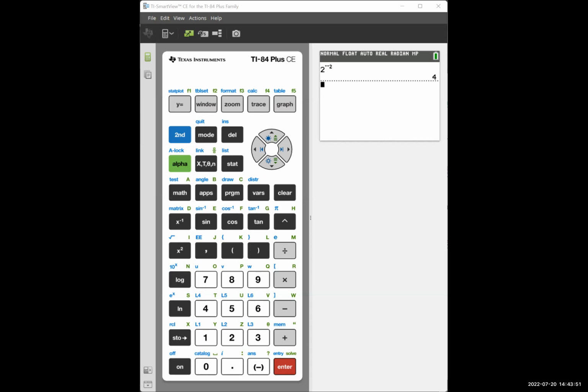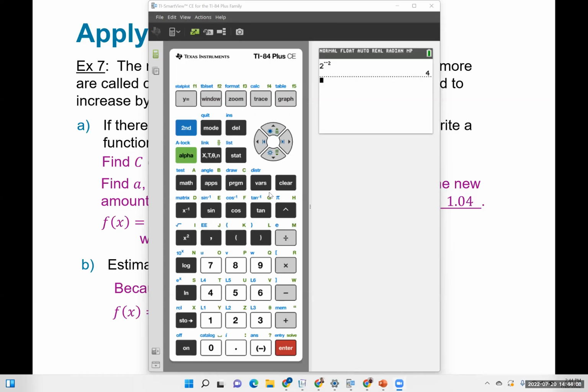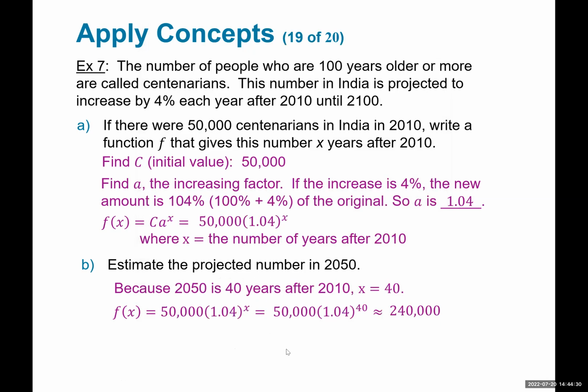Let me show you how to do this on the calculator. 50,000 times 1.04 to the 40. And that's how we get 240,000.